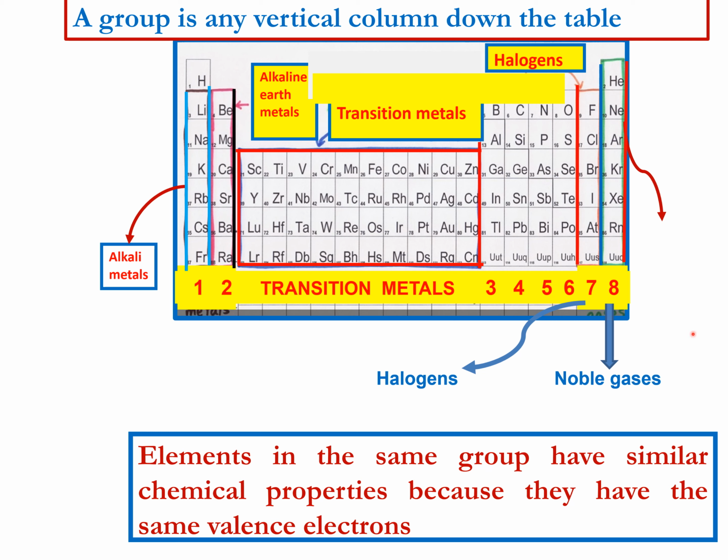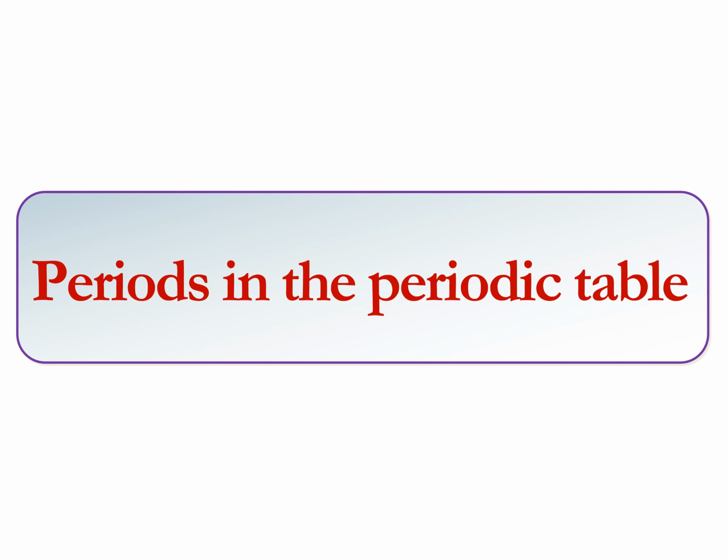Group 8 elements are called noble gases. So elements in the same group have similar chemical properties because they have the same number of electrons in their outermost shell.